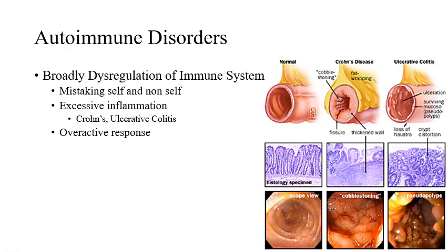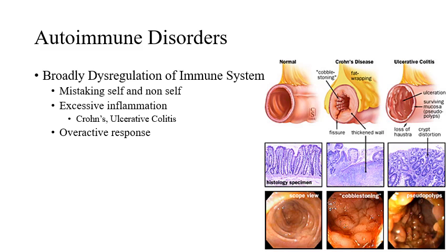Because the immune system also causes inflammation, and inflammation in itself can cause a lot of problems. So Crohn's disease and ulcerative colitis are two examples of diseases that are largely autoimmune diseases.